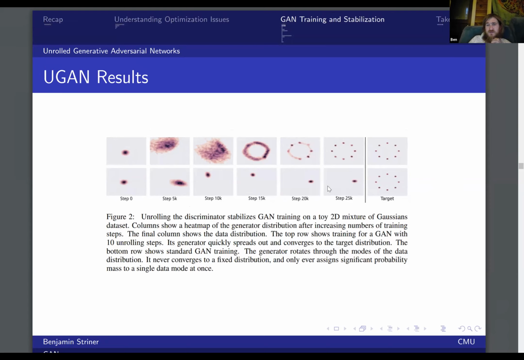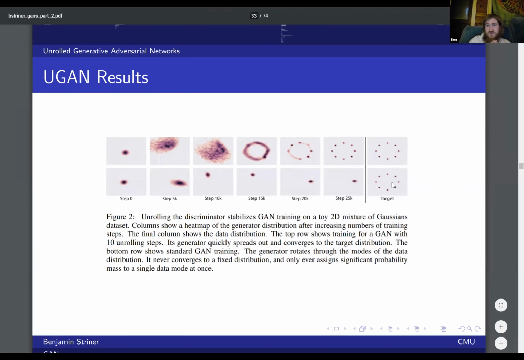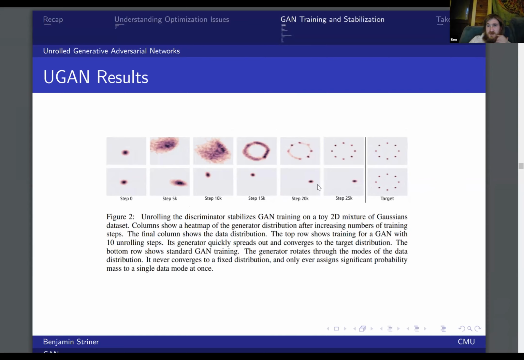Mode collapse, if you were trying to reproduce these 8 points, would just pick a point and put all the data at that one point and not diversify. So in some simple experiments, you will see that using the UGAN avoids mode collapse and makes things look prettier and train pretty well.